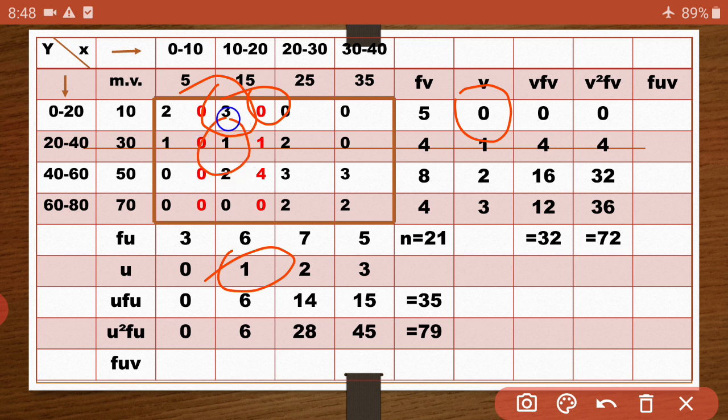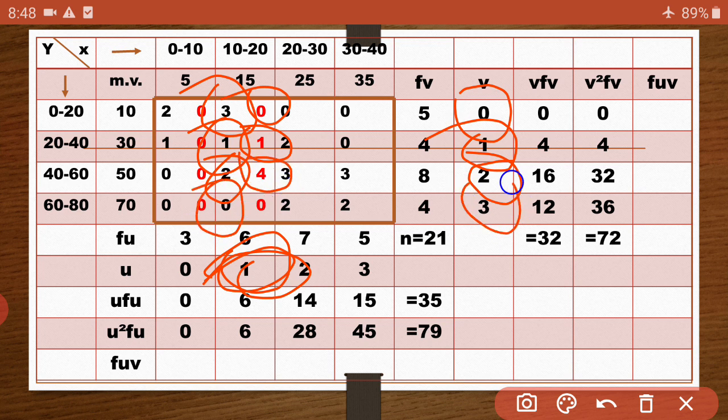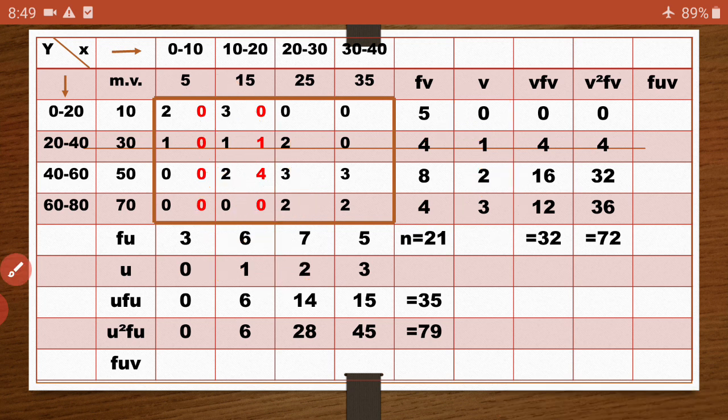Then after 1 multiply 1, so 1 and multiply 1, so 1. Then 2 multiply 2, 4 multiply 1, so you get 4. Then 0 multiply 3, 0, then multiply 1, 0. So here the answer is 0. Okay, then after here the third column, this value 0, so this answer is also 0.